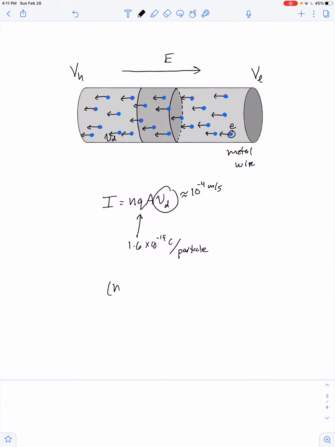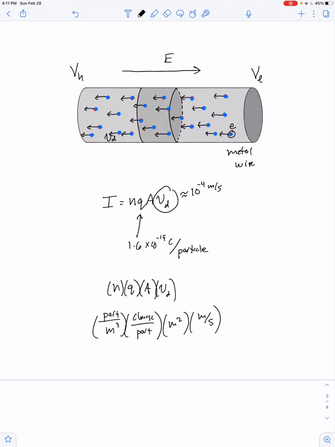Let's double check these units one more time. If we multiply n times q times A times v, we have particles per cubic meter times the amount of charge per particle multiplied by square meters multiplied by meters per second.